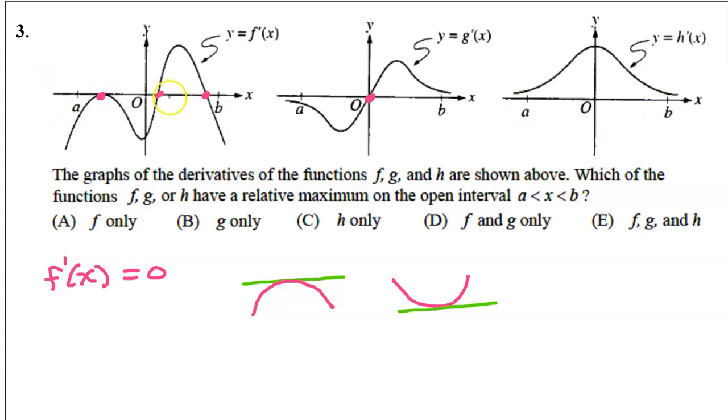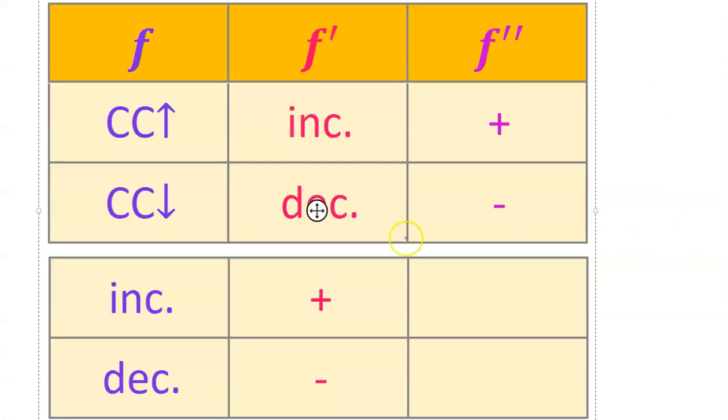So how can we tell if these points are the location of a relative maximum? Well, if this point of tangency is a relative maximum, then the function is increasing on the left and then decreasing on the right. Remember the graphical relationship between f and f prime.